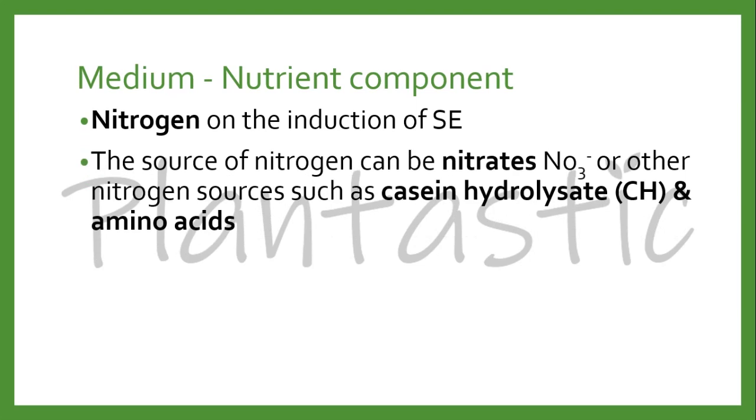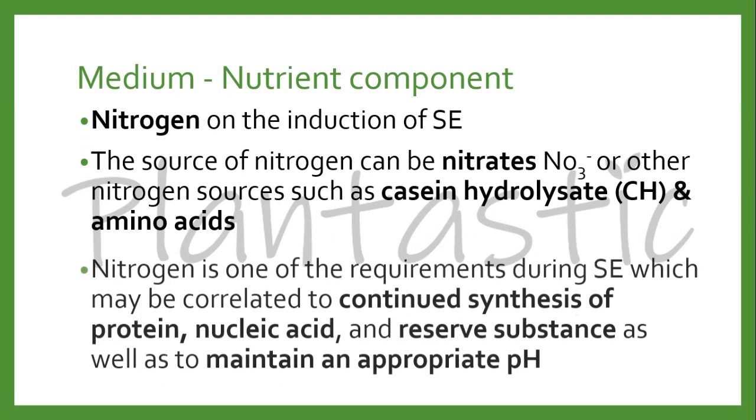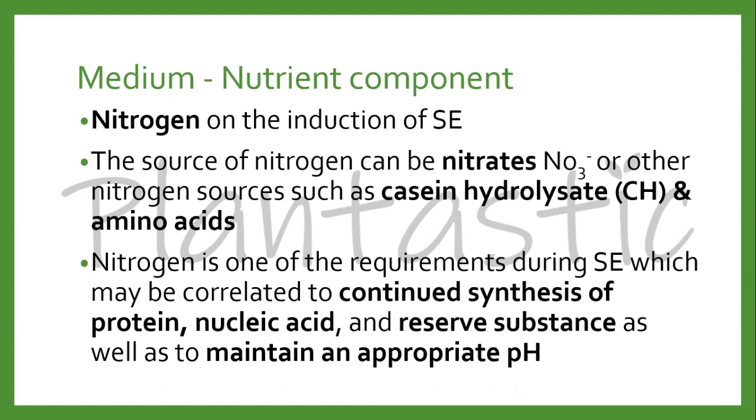The source of nitrogen can be nitrates or other nitrogen sources such as casein hydrolysate and amino acids. Nitrogen is one of the requirements during somatic embryogenesis, which may be correlated to continued synthesis of protein, nucleic acid, and reserve substances, as well as to maintaining the appropriate pH.